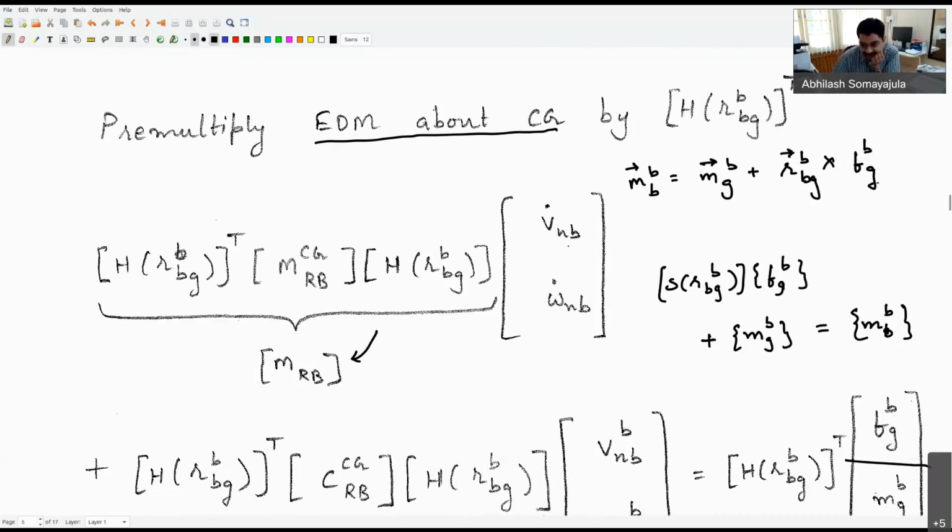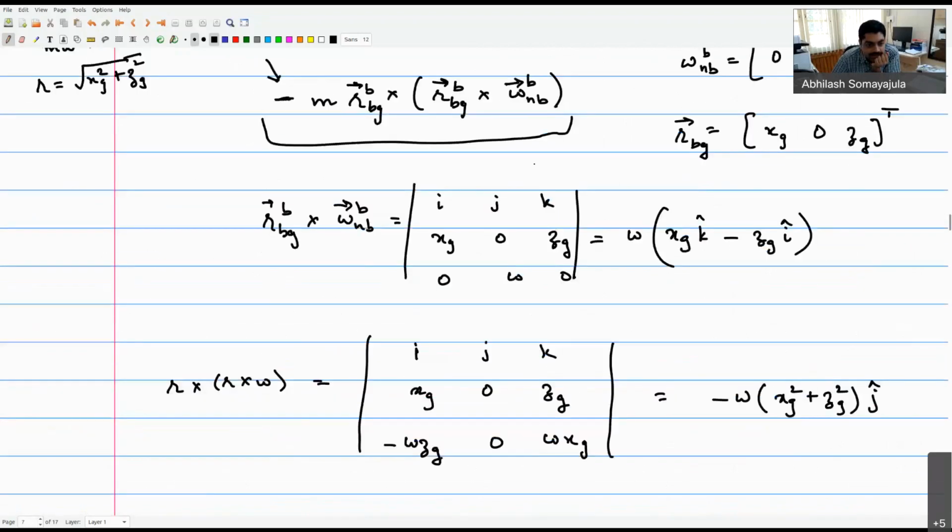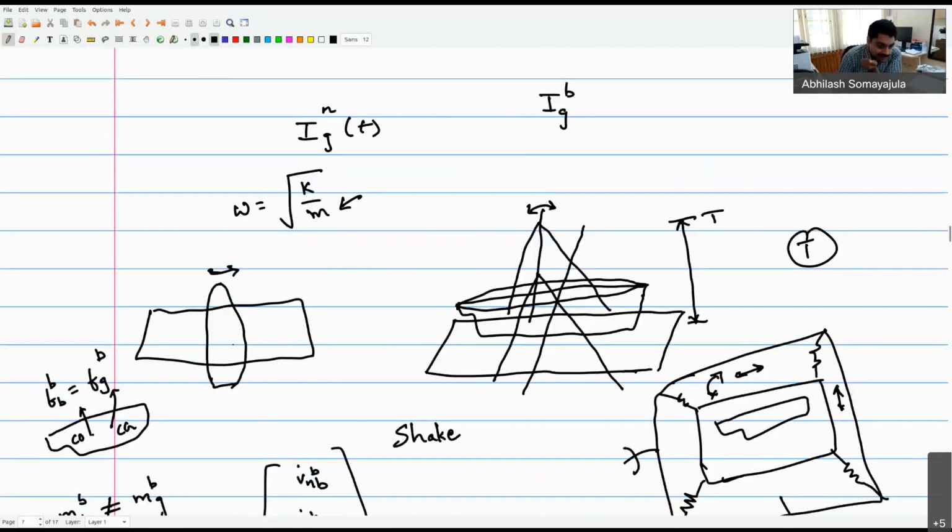Because when I had it about the center of gravity, the moment was M_GB. When I want to compute the moment about the coordinate origin, M_BB, they will not be the same.